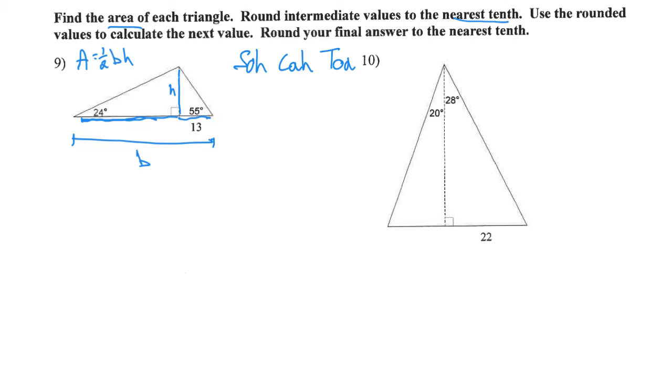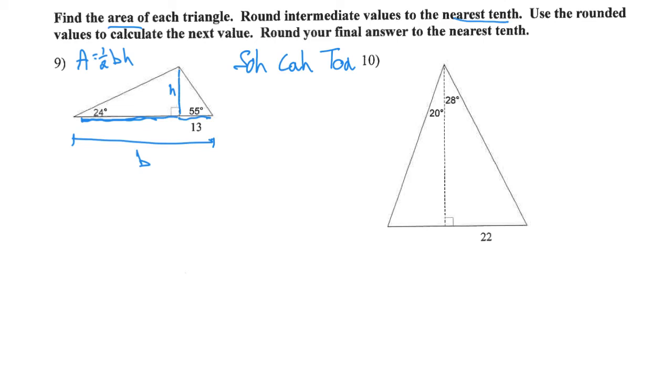All right, so I'm going to look at this triangle first because I know one of the sides is 13, and I need to find this height here. So that's where I'm going to start, because that's the triangle that I know the side. So we have to figure out which pieces we're looking at.